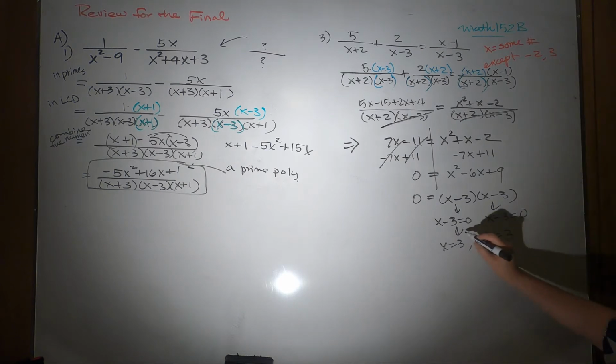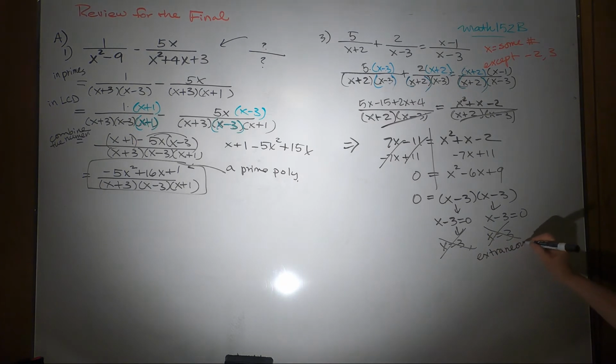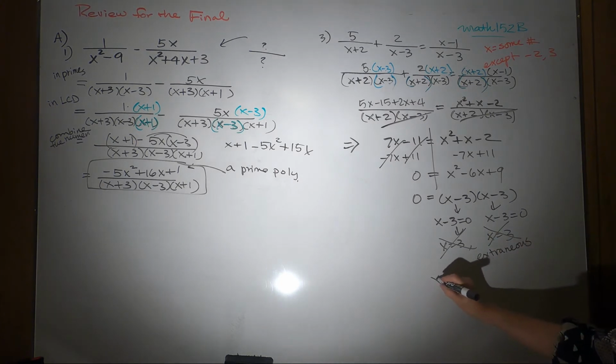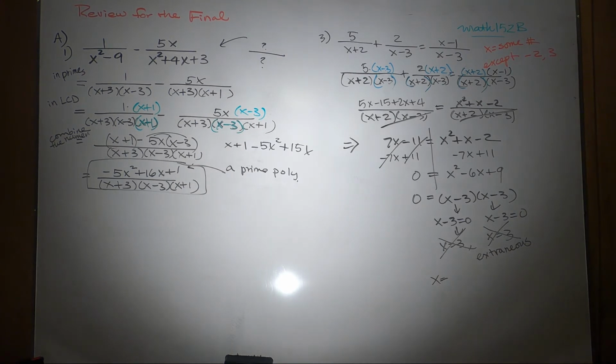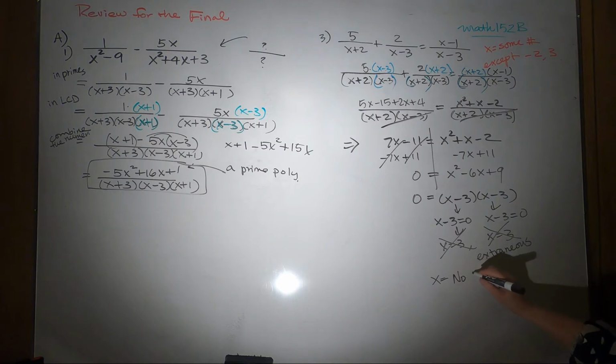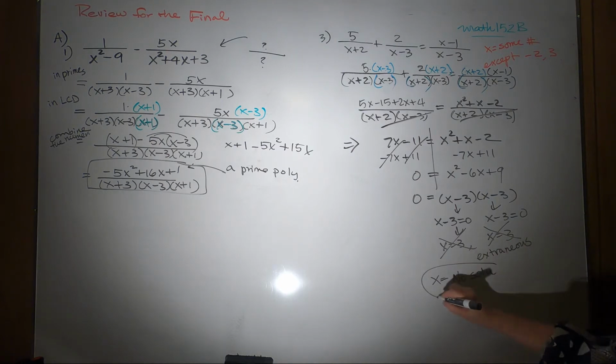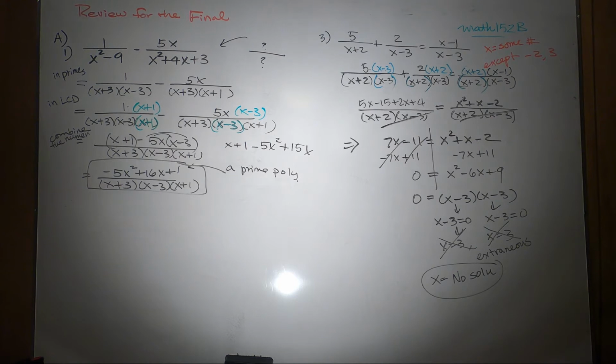See the restrictions? So both are extraneous. So if it's extraneous, you still have to tell us the final answer. What is your x? No such thing. So we say what? No solutions. Right?